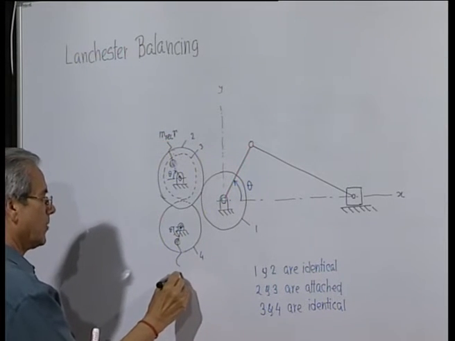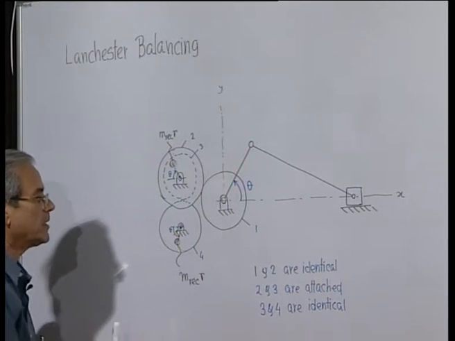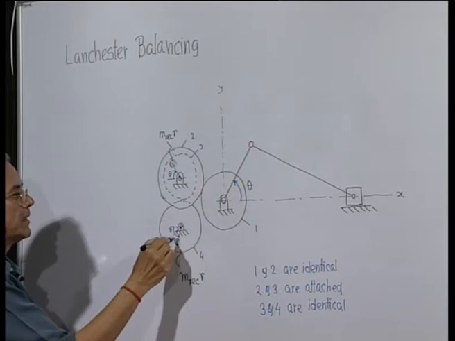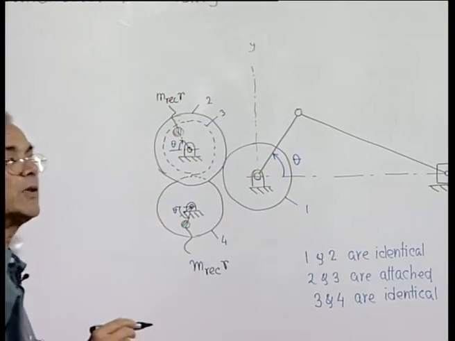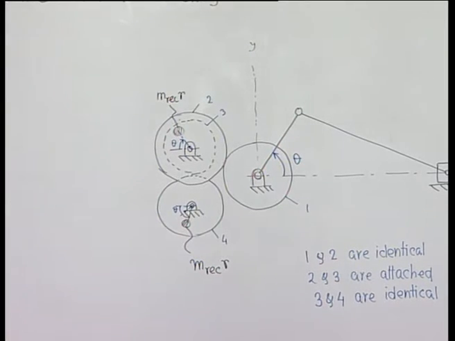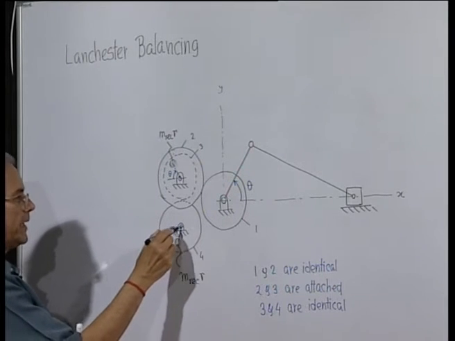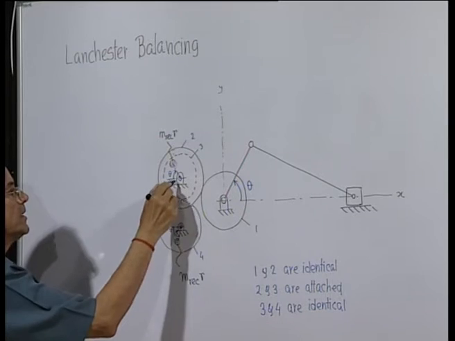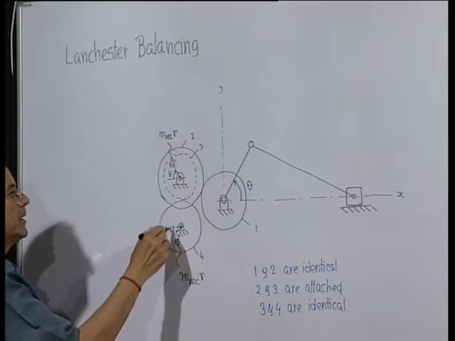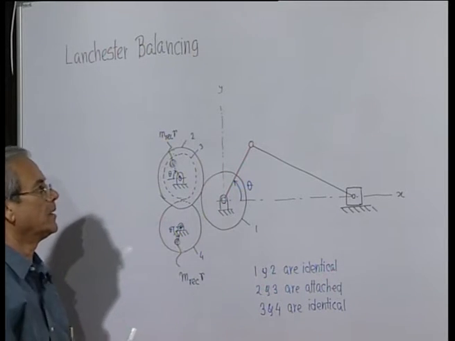These unbalanced quantities are equal to m reciprocating into r. That means the product of this mass and this eccentricity, and the product of this mass and this eccentricity, are equal to m reciprocating r. They are also placed in such a manner that the line joining these respective centers with these masses makes a theta angle with the horizontal line, which is the same as this.